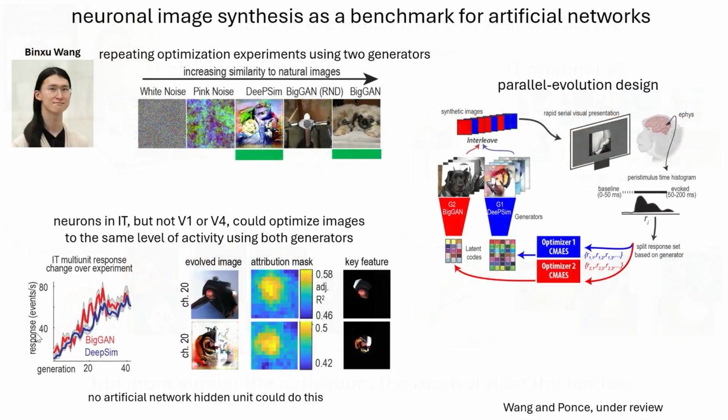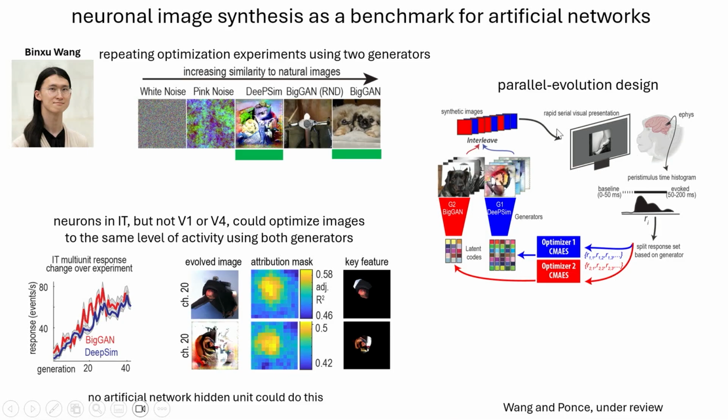What's interesting about this, too, is that this kind of image synthesis can provide an interesting benchmark. Binshu recently decided to test the ability of different networks to create images that can drive the activity of these neurons, using things like DeepSim and BigGAN. BigGAN is a generative network that makes much more photorealistic images.